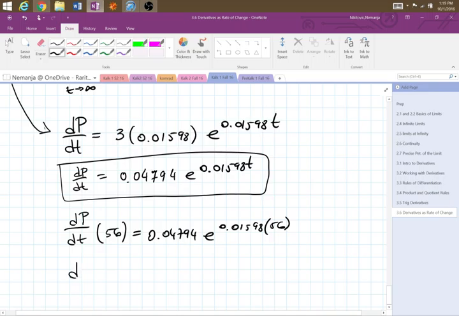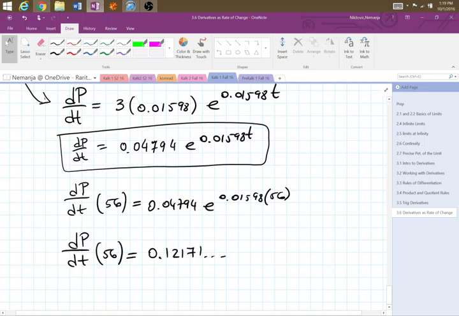And I get that the change of population for number 56, which represents 2016, is 0.121716, let's say, or 159, whatever. It goes on. So we're going to add about 120 million. 122 million added to the population of the planet just this year.